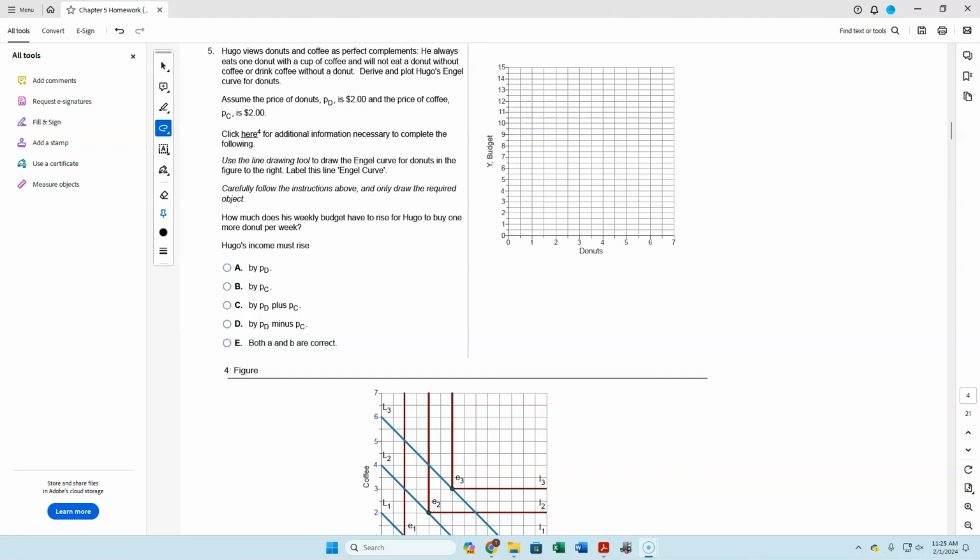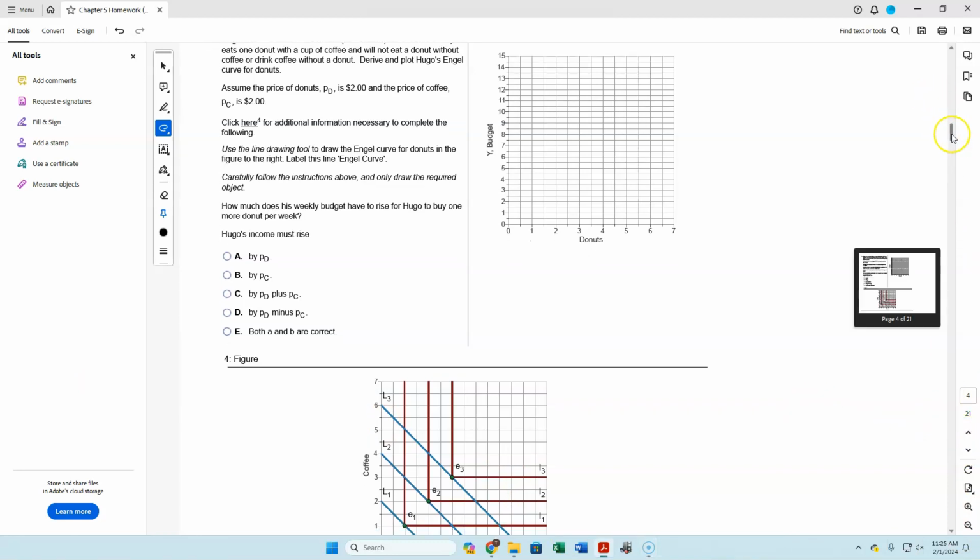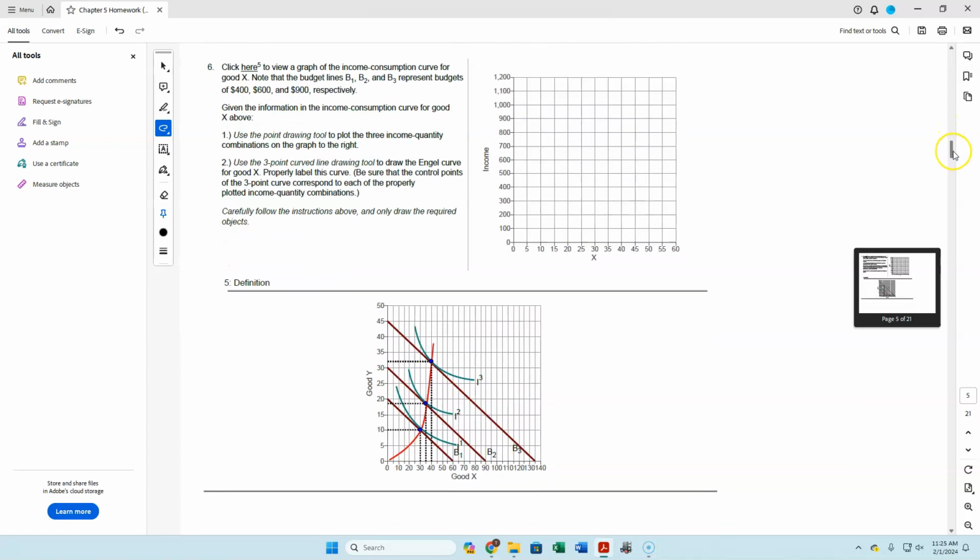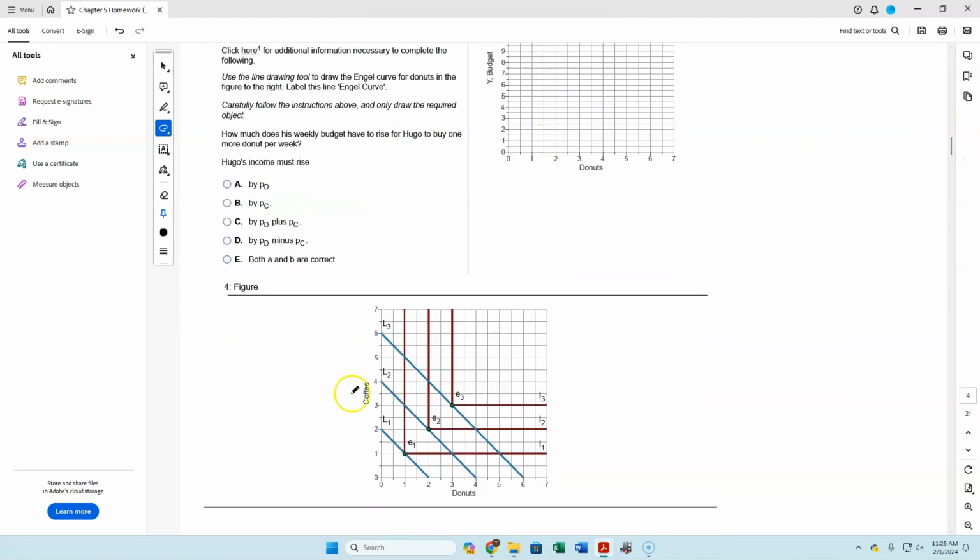We've got 2 and 2 for our prices here, so makes sense. We're at a 1-to-1 ratio here for our budget constraints, and then our indifference curves are shaped like typical indifference curves when they are perfect complements.